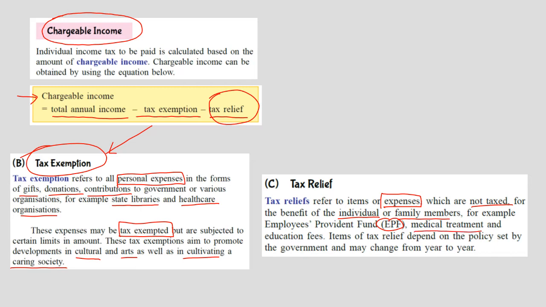Medical treatment and education fees for yourself and family members will not be taxed. So items of tax relief depend on the policies set by the government and may change from year to year. So there are guidelines for us to refer to, on what types of tax relief we can get.